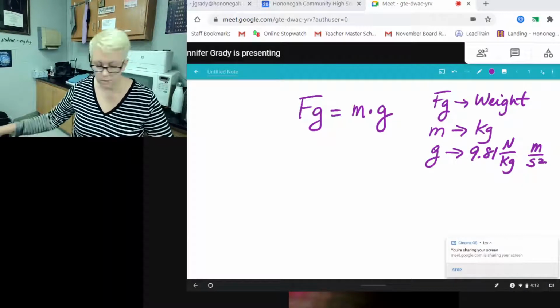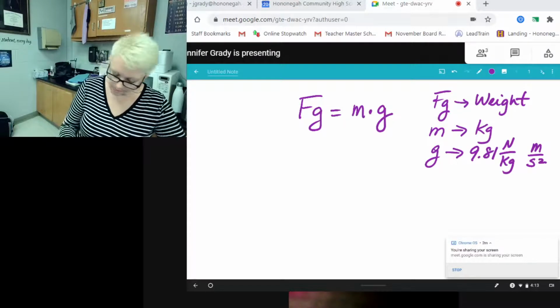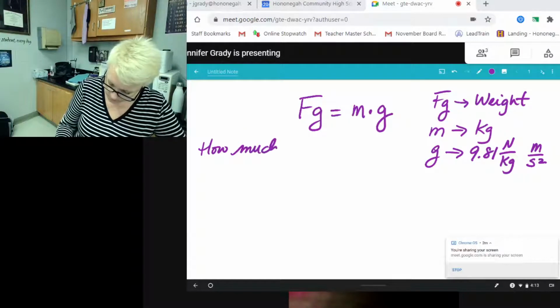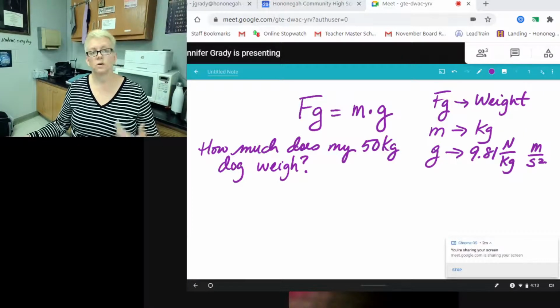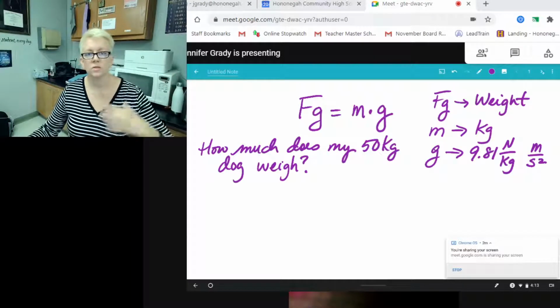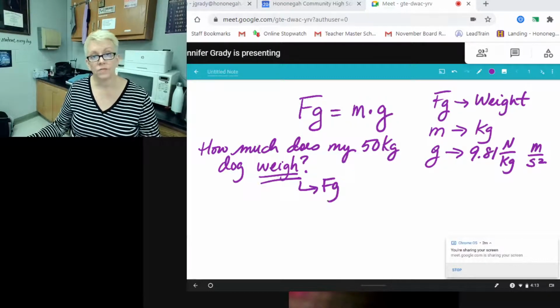Here's a classic way that a question gets phrased: how much does this, whatever your mass is, weigh? This term tells me right away I have Fg involved.